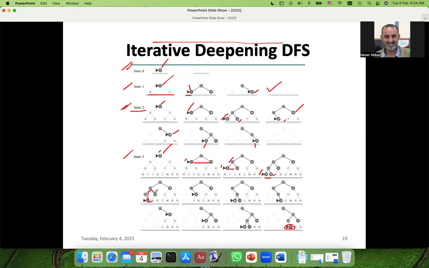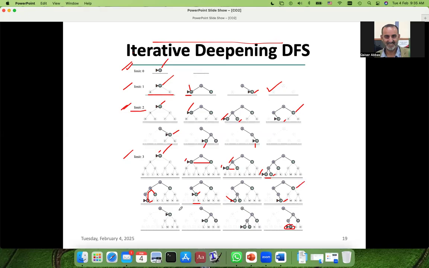And then we will go back and we will see this B. Expansion is possible, so we will expand it first. Then we will check on the left, is J a goal node? No. Then we will check the K node, is it a goal node? No. Then we will go back according to the DFS.